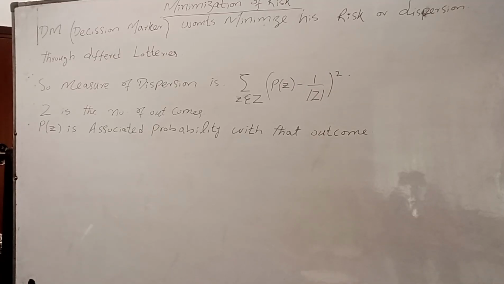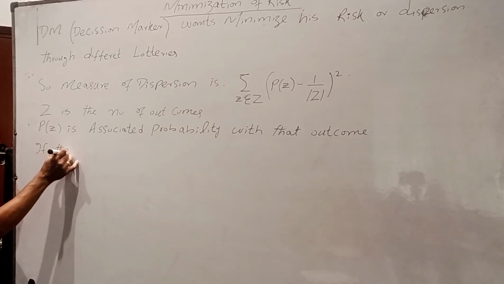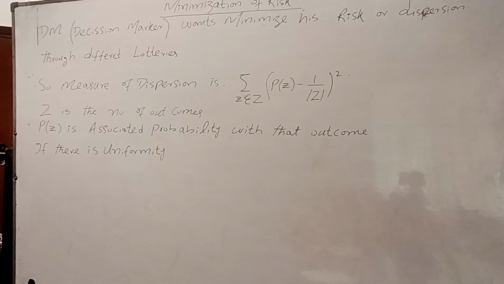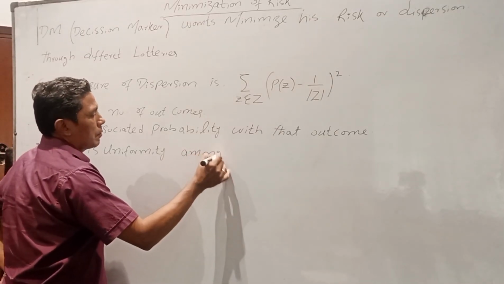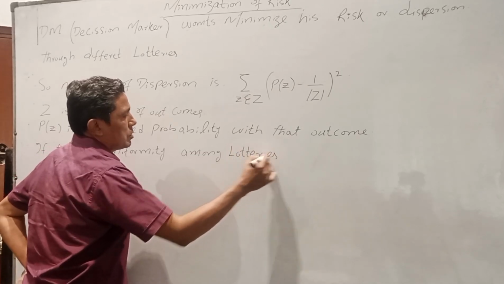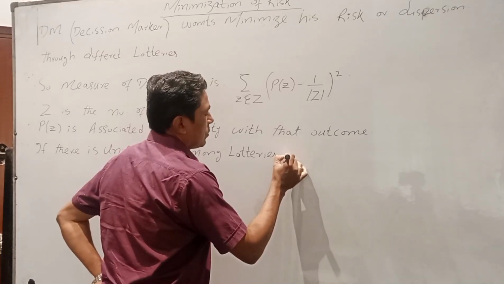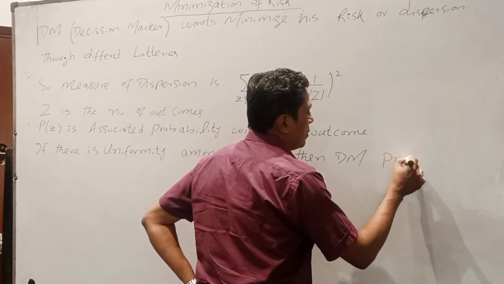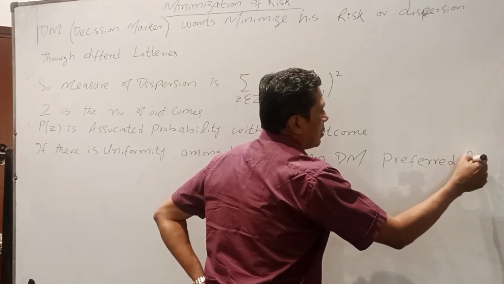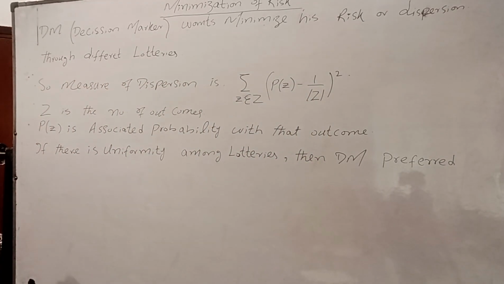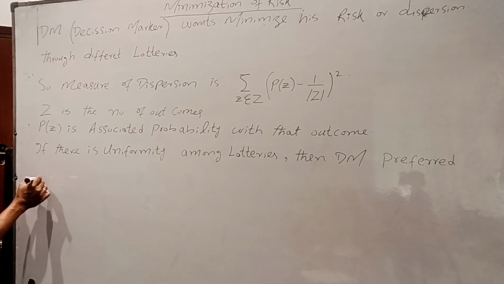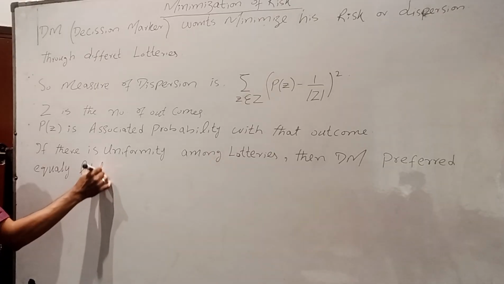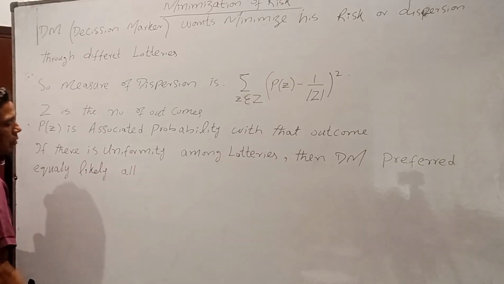Now, for example, if there is uniformity among all lotteries, then the decision maker prefers all lotteries equally, equally likely.